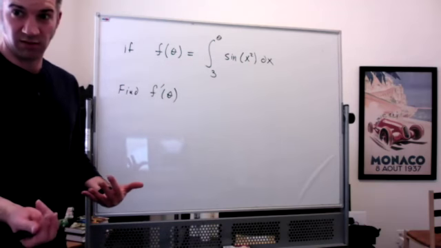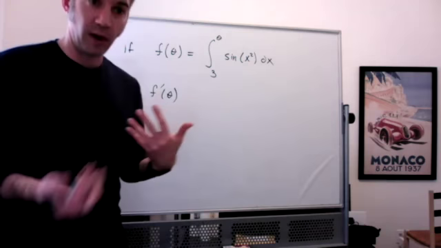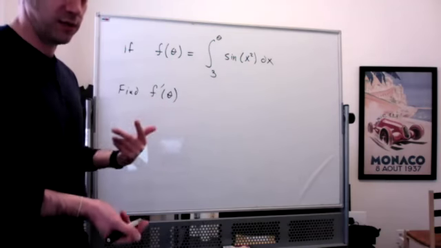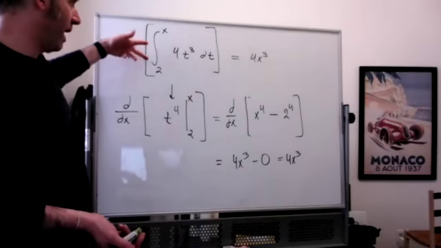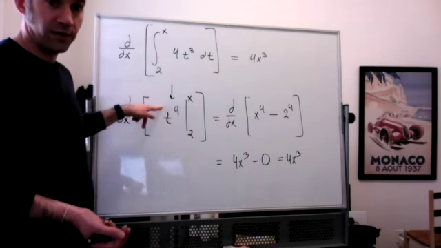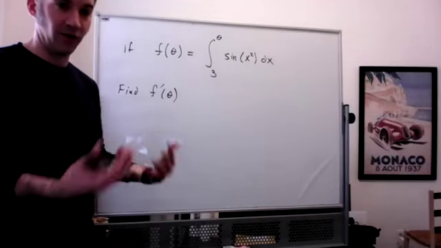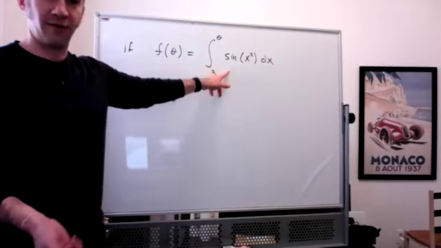Well, it's the same deal. Something to be aware of here is that unlike the previous problem, where we were totally capable of anti-differentiating 4t cubed and getting t to the fourth, we, and by we I mean the entire world, cannot anti-differentiate sine of x squared.